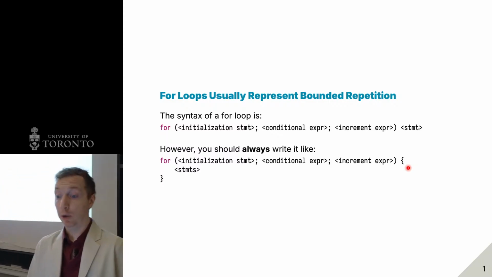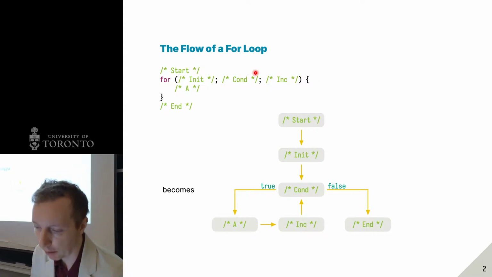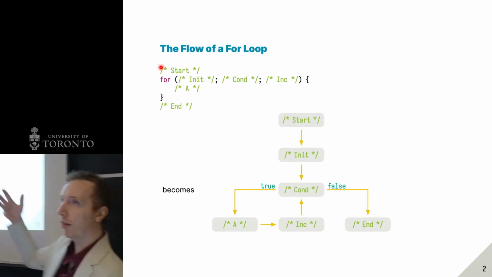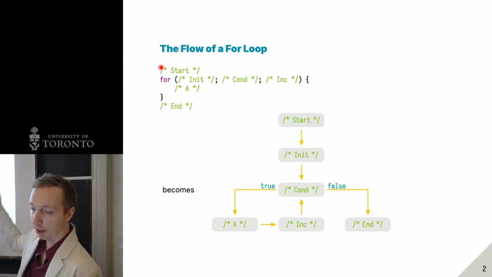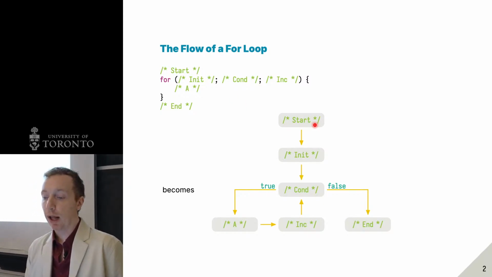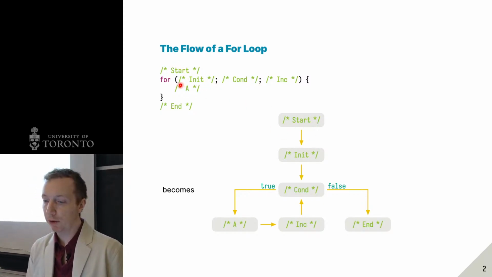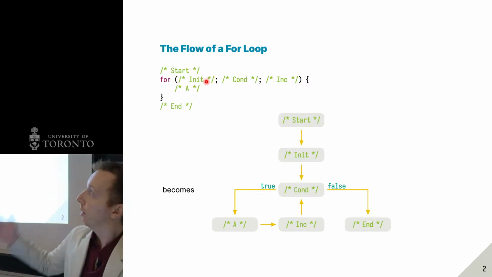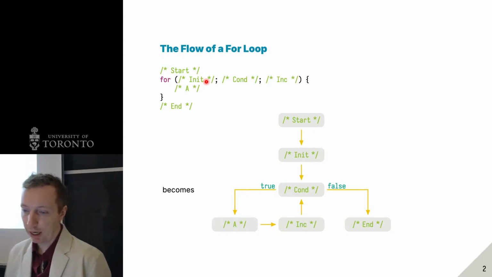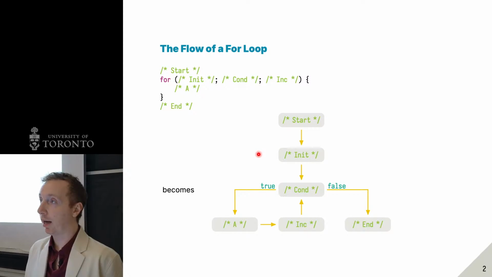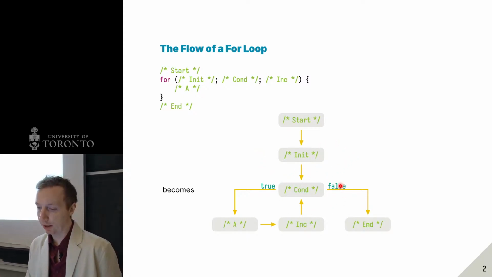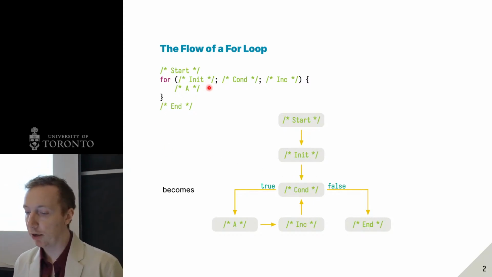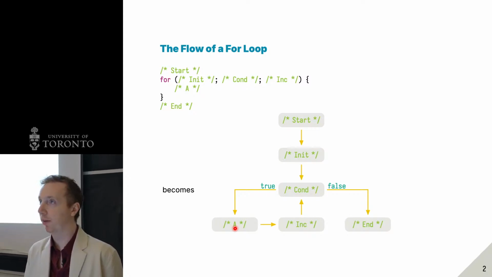So how does the structure, or the flow, of the for loop act? Well, at the beginning, we can have some code right before it that will execute before we do anything with the for loop. Then what will happen is it won't check the condition first. The first thing it will do is execute this init code, whatever statement is beside the bracket and the semicolon. It will execute that exactly once. And then it will check the condition. And similarly to a while loop, if it is true, it will go into the body and execute all these statements all in a row.